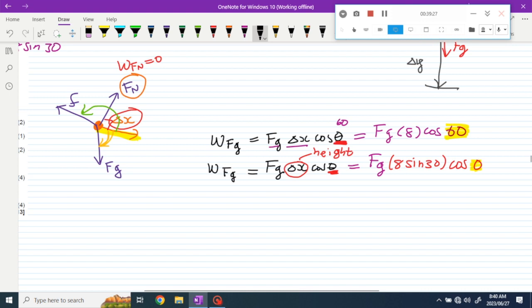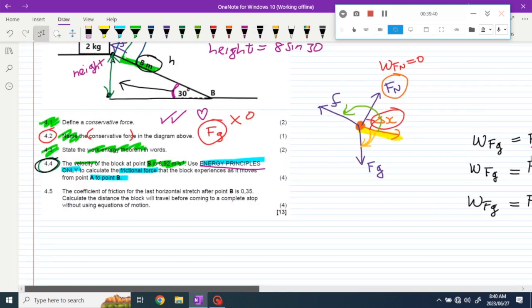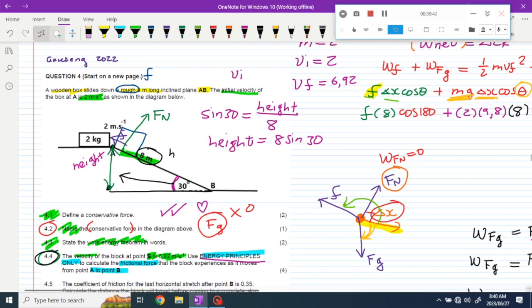The other and the last method is to say, to calculate the work done by Fg, we can say the work done by Fg is equal to the work that its parallel component does. So looking back at my sketch over here, okay, if we are looking at Fg again, we know that Fg is straight down.